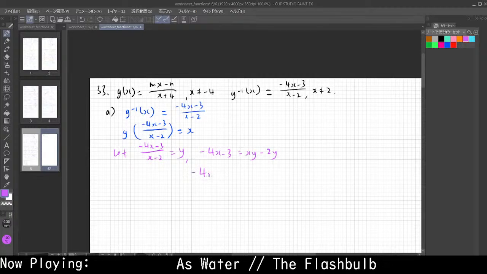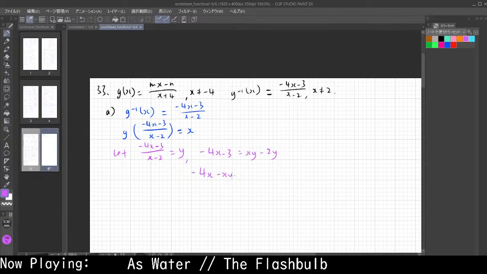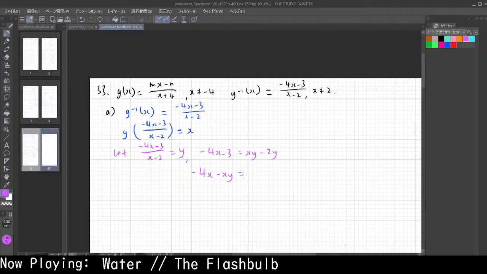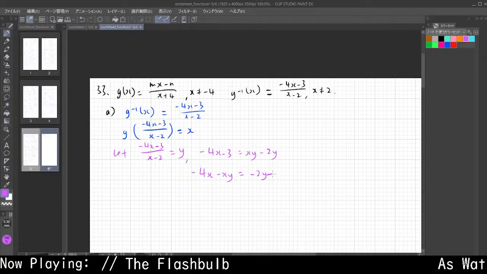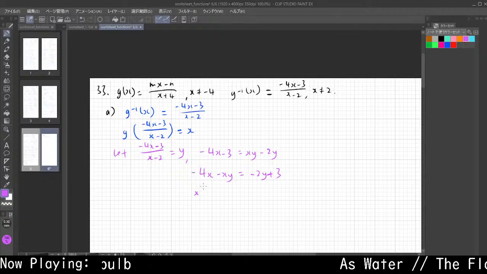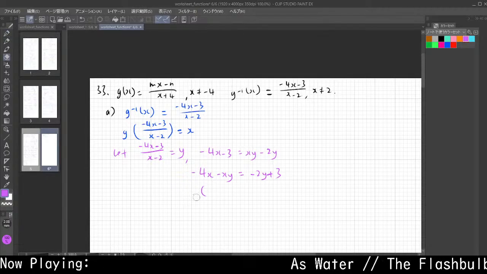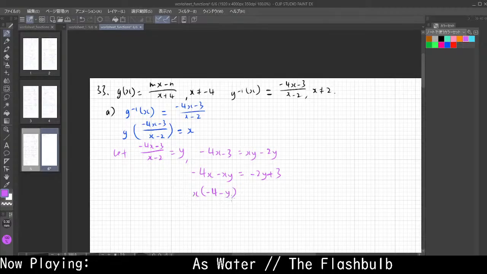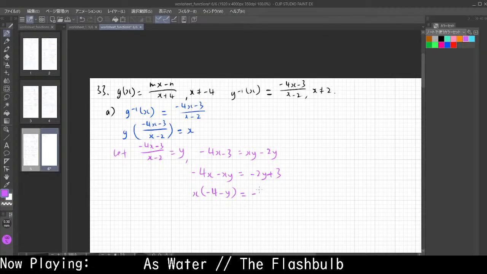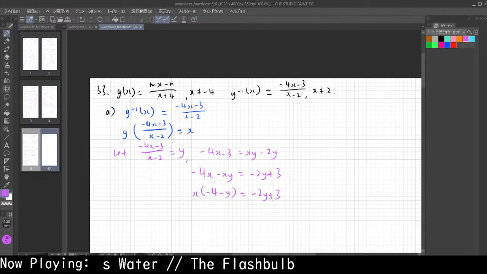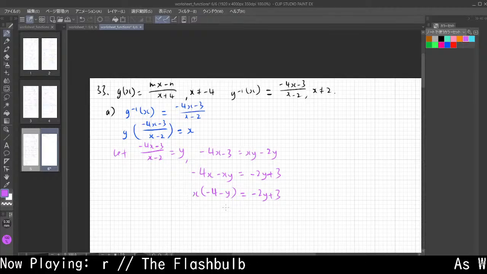Isolate everything that has x, move over. Everything that does not have x, move to the other side. You can factorize x out. You get x bracket negative 4 minus y equals negative 2y plus 3. Bring over to the other side.